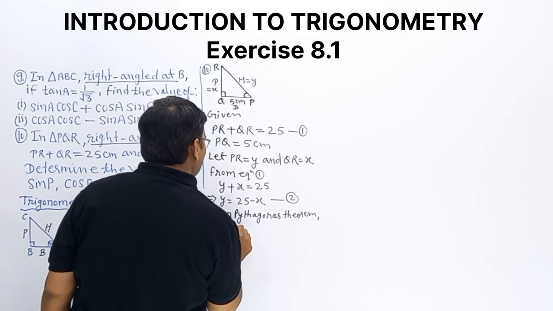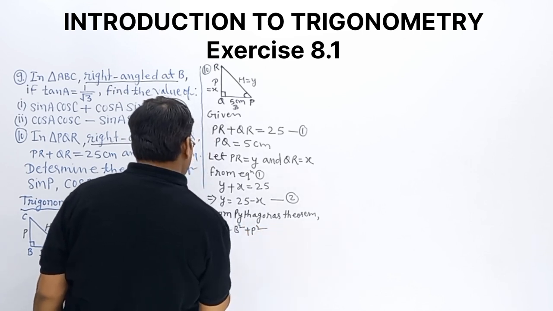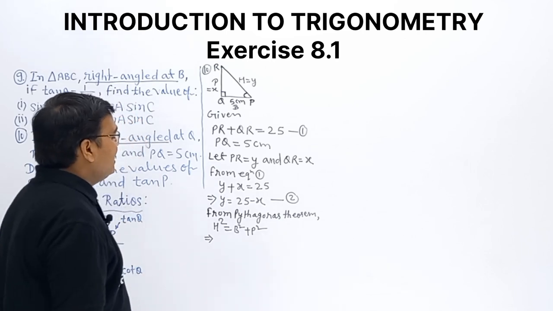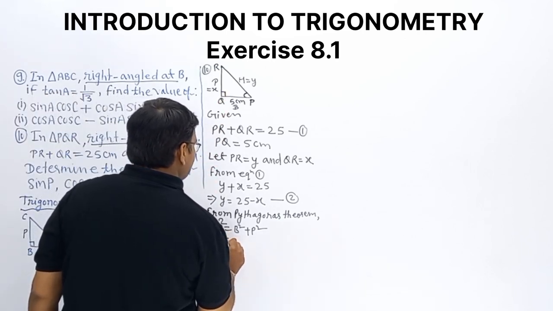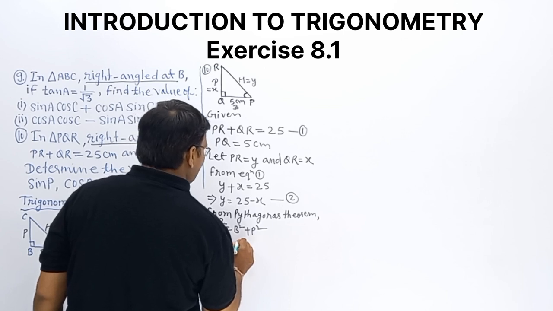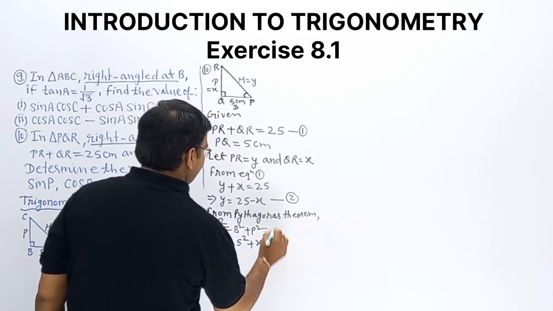H square equal to base square plus perpendicular square. Clear? So what is the value of H? H is Y, so Y square will be what? B is 5, so 5 square, plus P, which is X, X square.